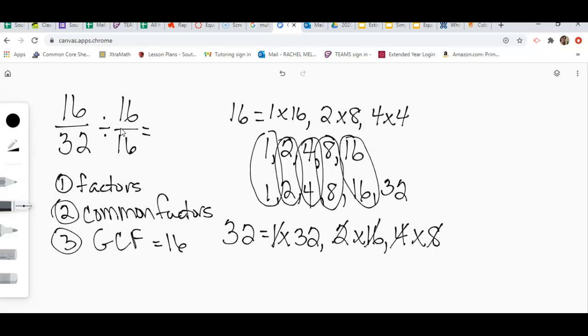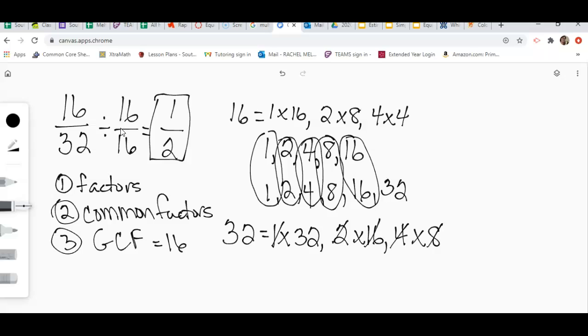Well, 16 divided by 16 is 1, and 32 divided by 16, I see it down here, is 2. So this is 1/2. And I can just double check that. Is 16 half of 32? Yes, it is.